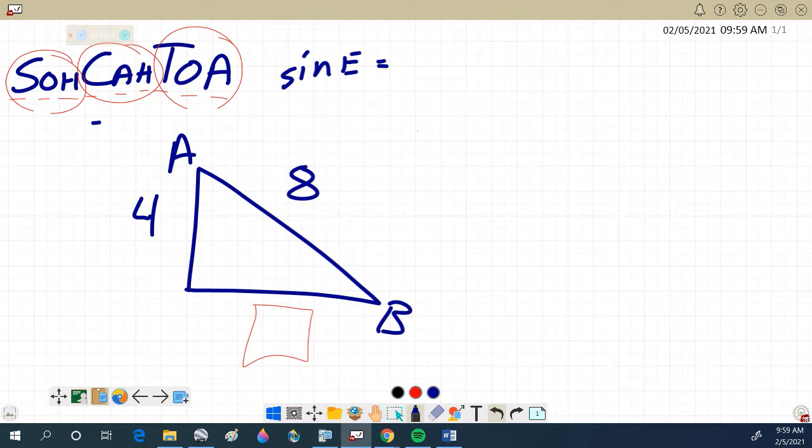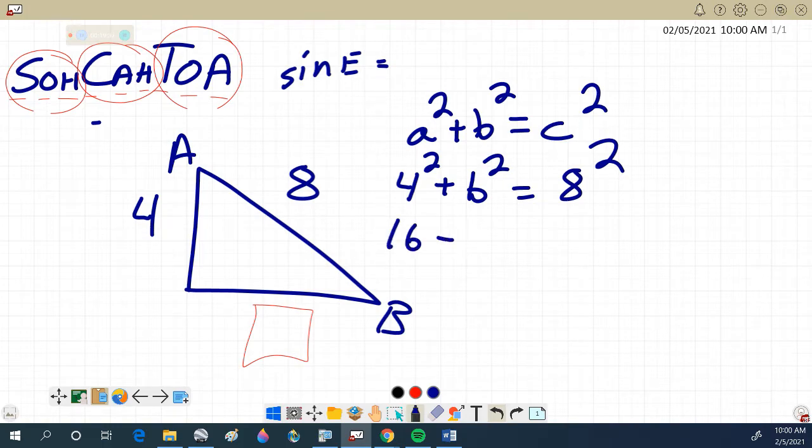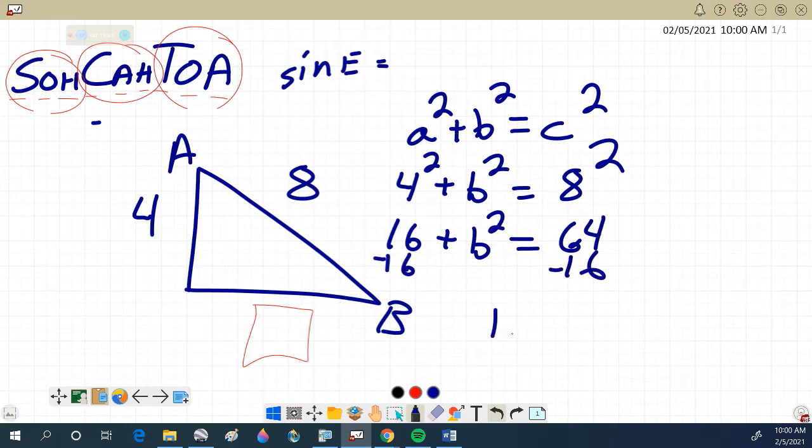Pythagorean theorem, a squared plus b squared equals c squared. Which one am I missing? A or B? Doesn't matter which one. So 4 squared plus b squared equals 8 squared. 16 plus b squared equals 64. Subtract 16. B squared equals 48.